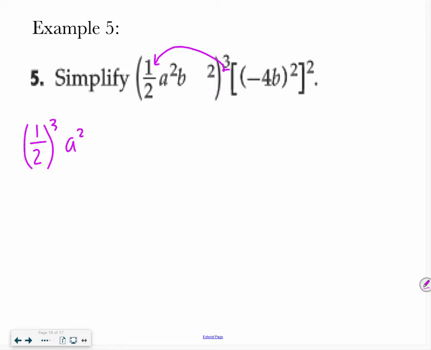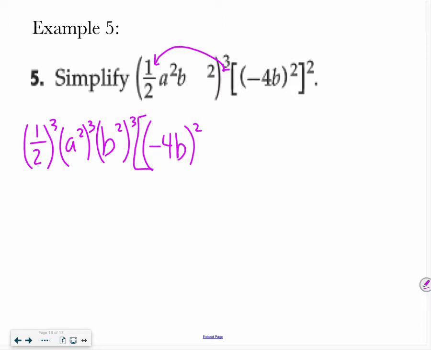a squared to the 3rd power, b squared to the 3rd power, and this is being multiplied by negative 4b squared all to the 2nd power. So I'm going to simplify the first half a little bit first. So I have 1/8 times a to the 6th times b to the 6th.